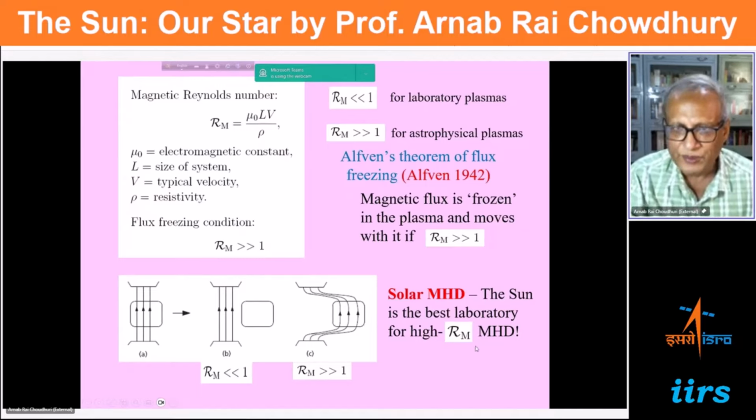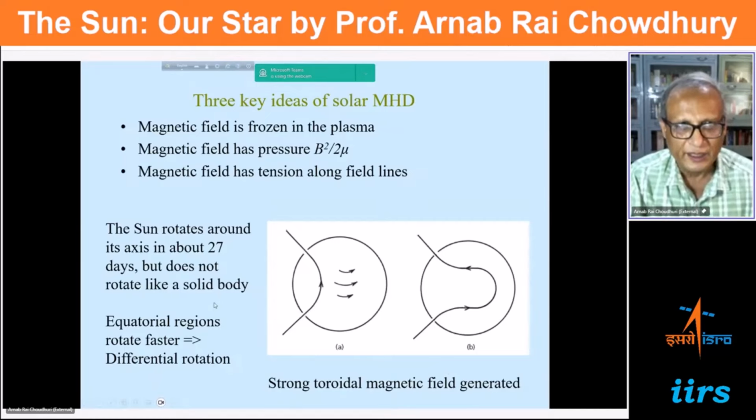I would say that there are three very key ideas of solar MHD. Firstly, the magnetic field is frozen in the plasma, which I already discussed.